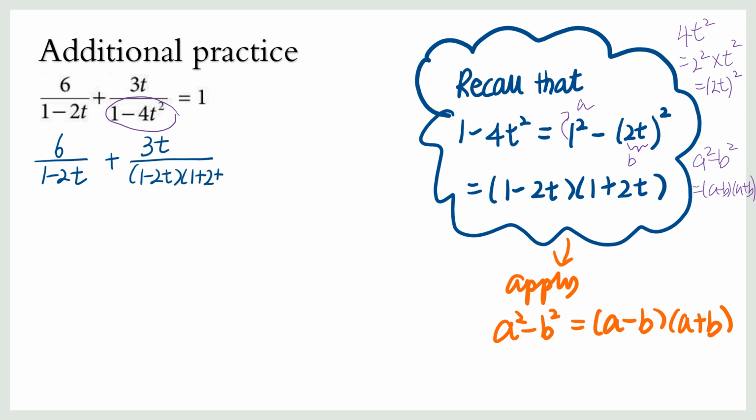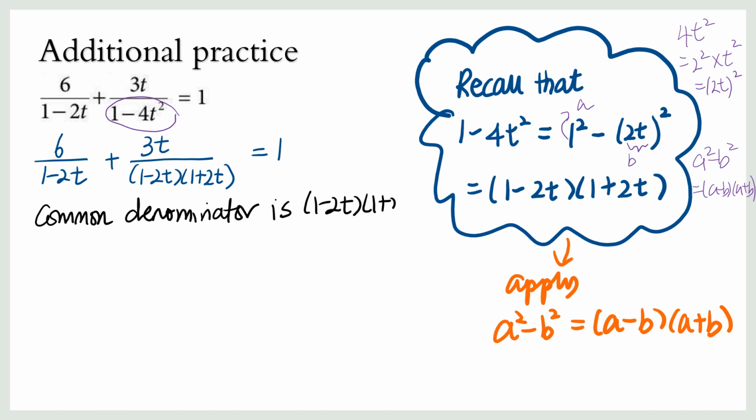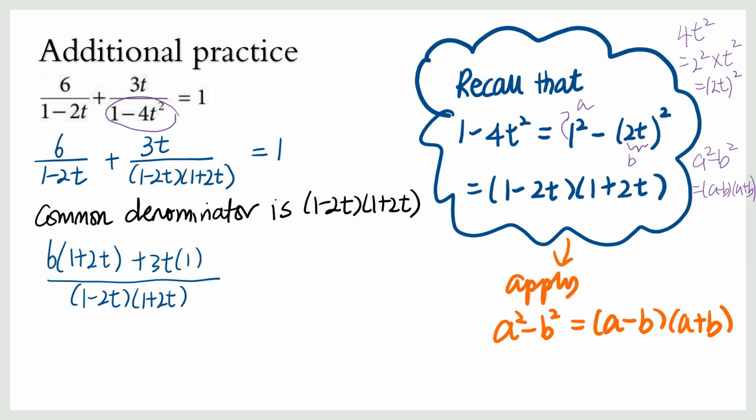Right. So in this case here, then we observe that the common denominator will be 1 minus 2t and 1 plus 2t. Right. So once we get the common denominator, the rest of it is pretty simple. We just take 6 here, 6 here multiply with 1 plus 2t.